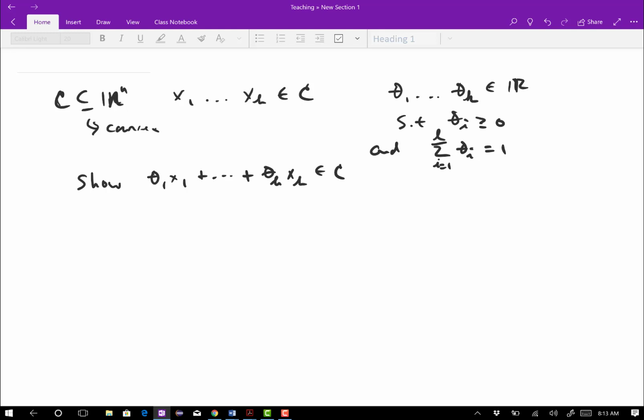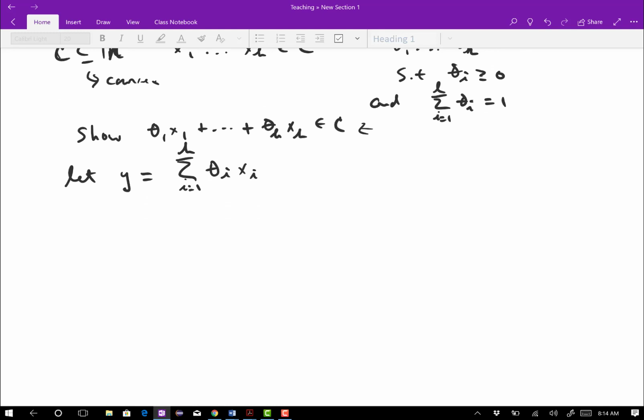Okay, so to start this, we're going to define a function y. y is going to be this sum of i going from 1 to k of theta i xi. So it's just simply this sum here. Now we want to show that y is in the set C.